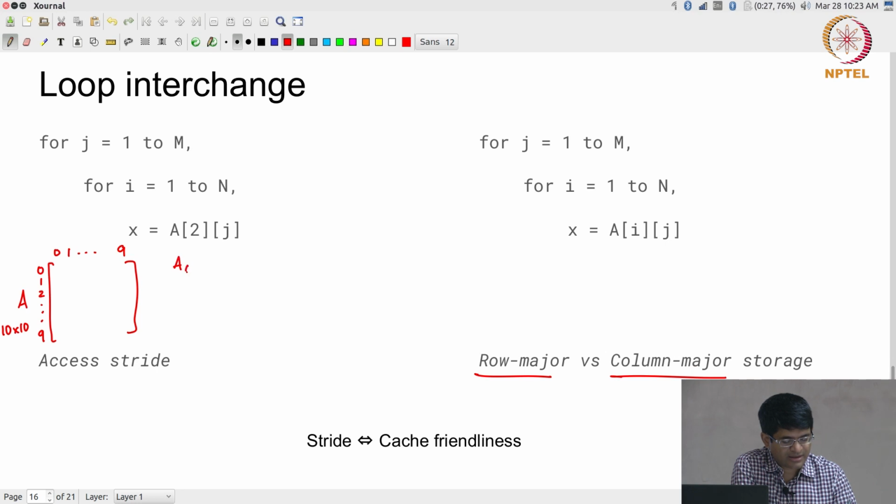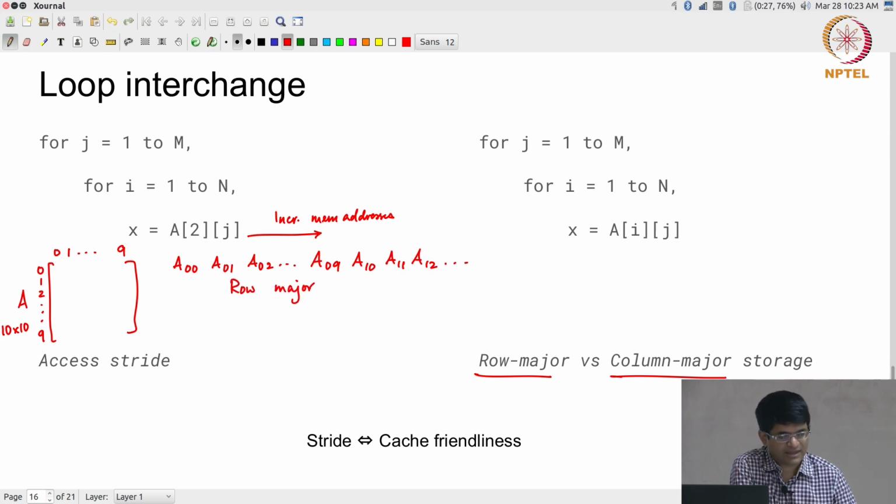I will take A00, then A01, A02 up to A09. These are increasing memory addresses. Then will come A10, A11, A12, etc. This is row major access.